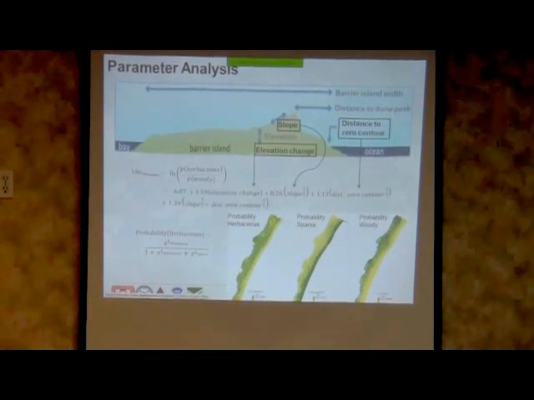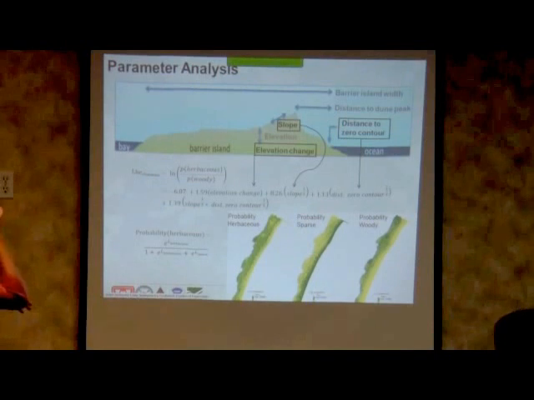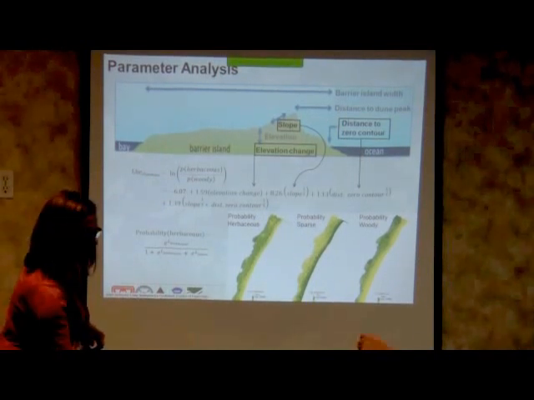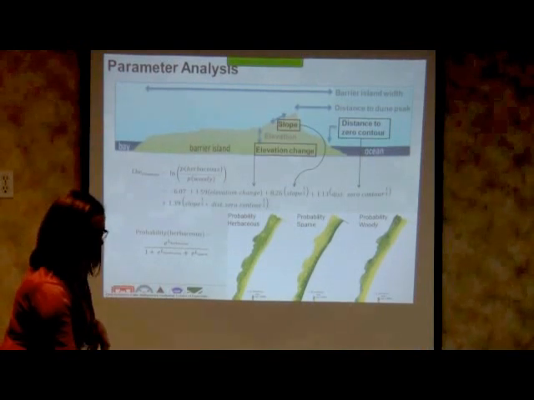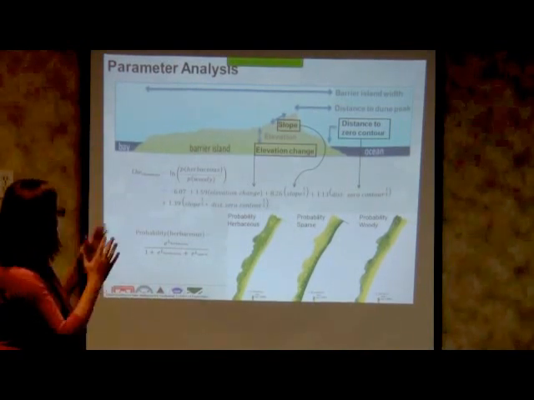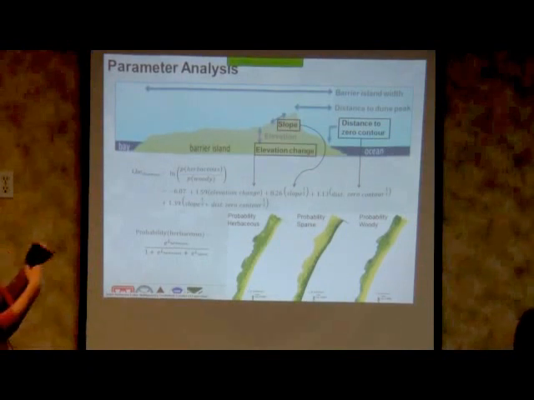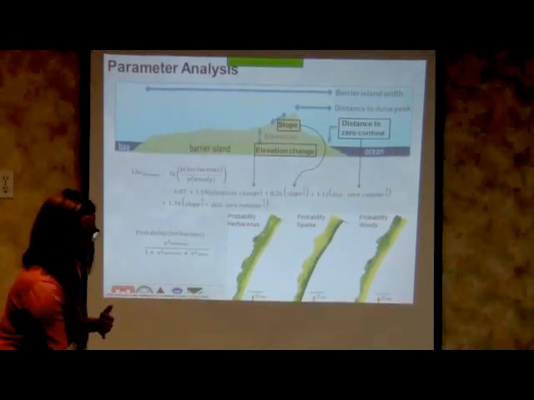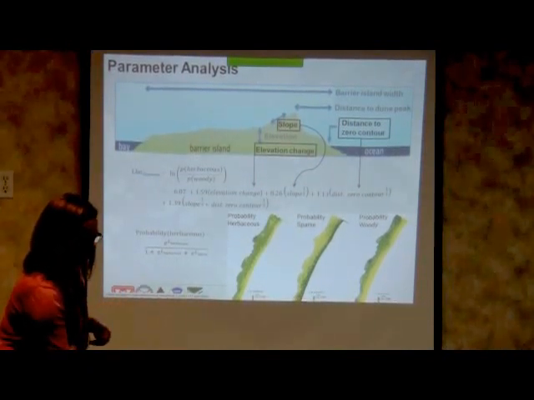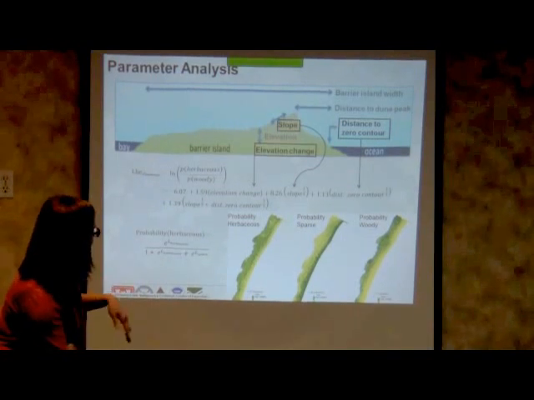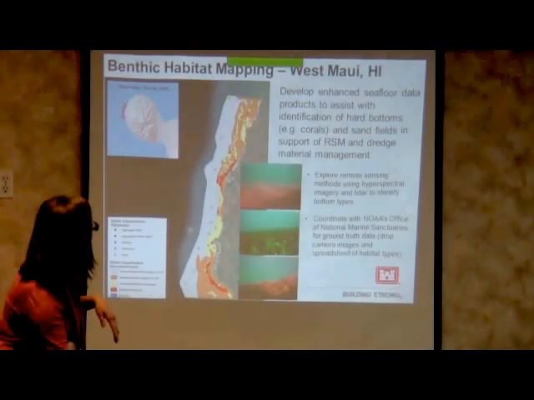Looking at these, I guess it's a binomial relationship between all of these parameters and the different vegetation types. We can start to understand that if we change something about these parameters, like the beach width, by placing sediment on the beach, we can understand how that changes the landscape.